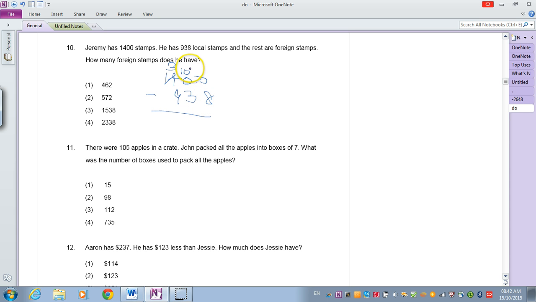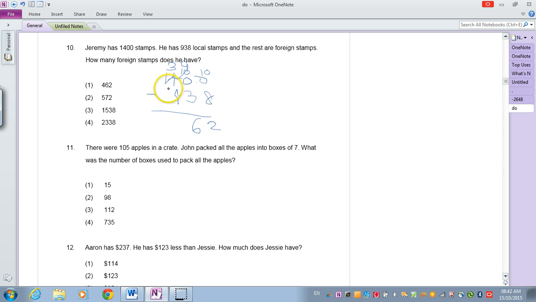So from the 10 tens, I have to regroup. Okay, and if I regroup, that will give me 10 ones here, and that will leave me with 9 tens here. So 10 ones minus 8 ones, I'm left with 2 ones. Okay, and I have 9 tens minus 3 tens, I'm left with 6 tens.